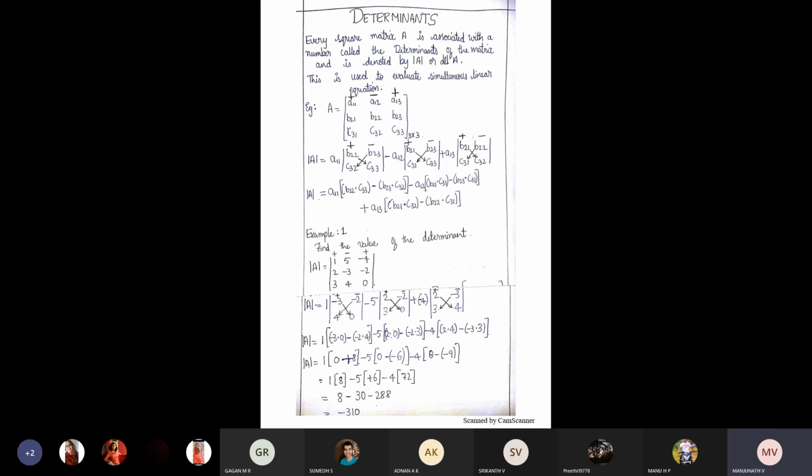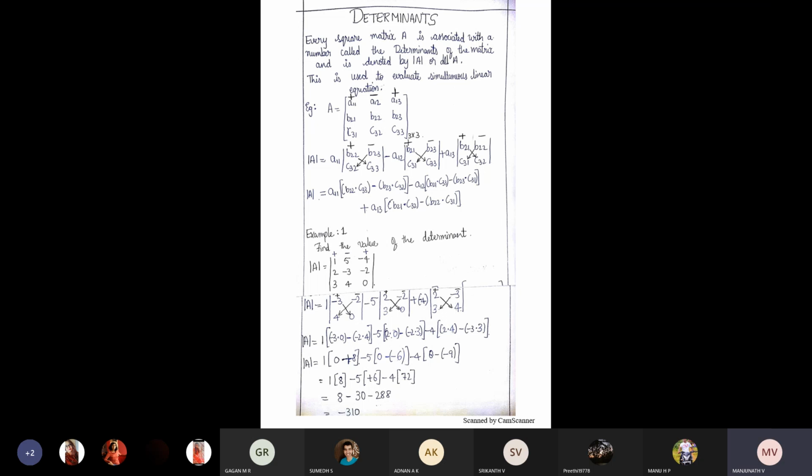Draw the line along A11's horizontal line and its column. If you delete it imaginarily, in your mind, you are left with B22, B23, C32, C33. That is represented here.